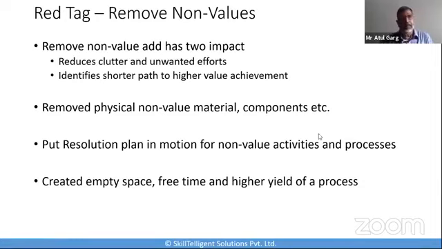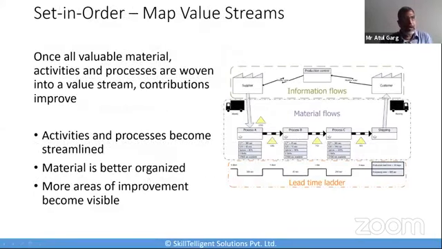Now, having removed the non-value activities, it was also very important that we map all the valuable material, activities, and processes into a woven system, into a single value stream, so that the contributions start improving.